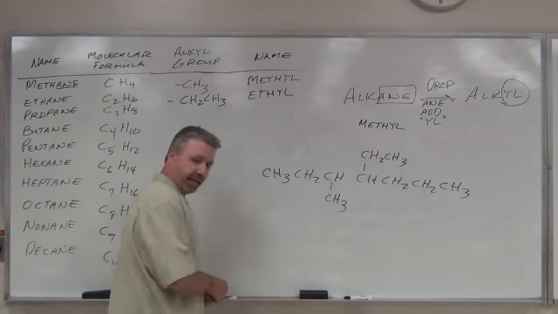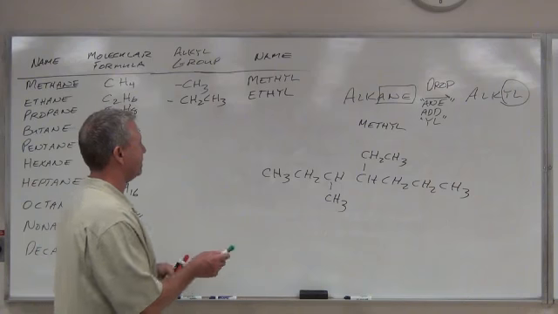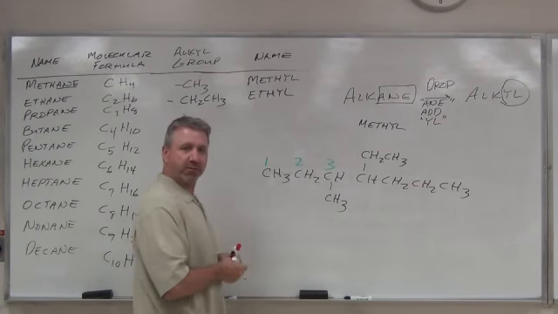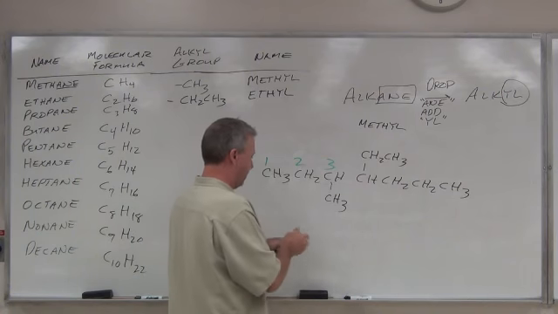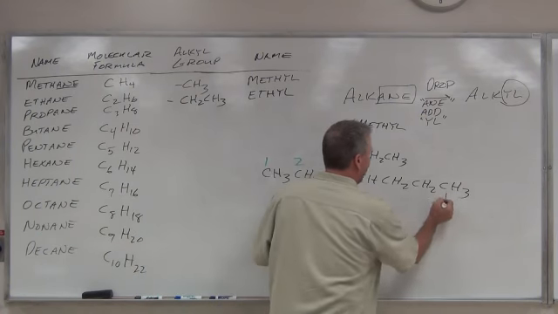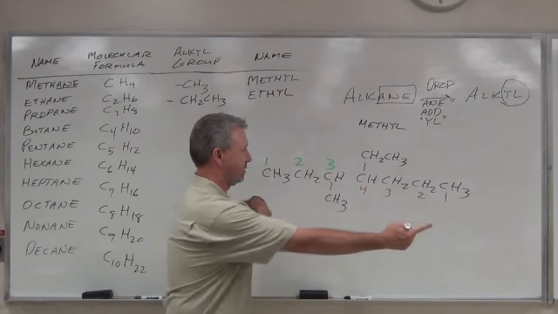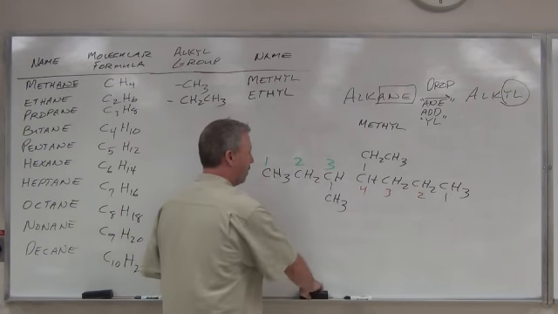Numbering our carbon chain. 1, 2, 3. That's our first point of substitution if I start from the left. 1, 2, 3, 4. My first point of substitution if I start from the right is at carbon 4.